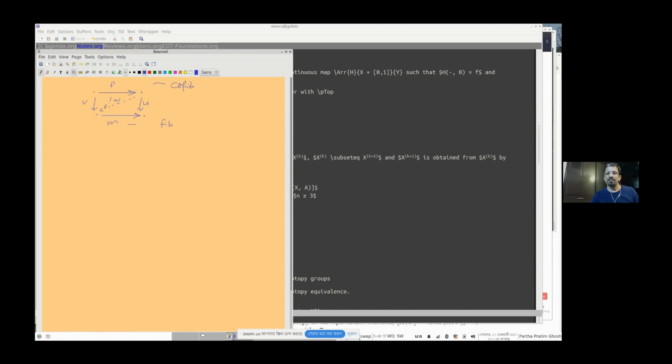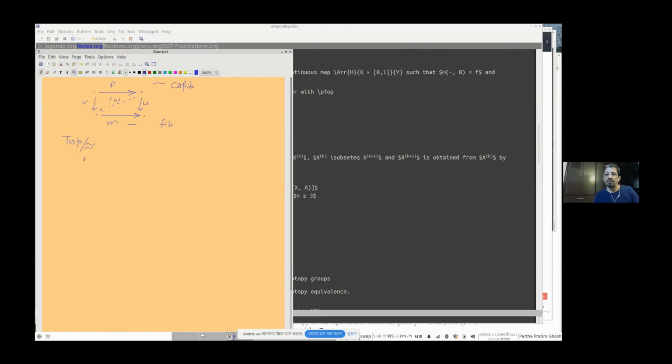This is like the lifting property for cofibration versus fibration. So two lifts will be homotopic. Okay, that means you are saying in this place it will be unique. In the homotopy category, it will be unique.